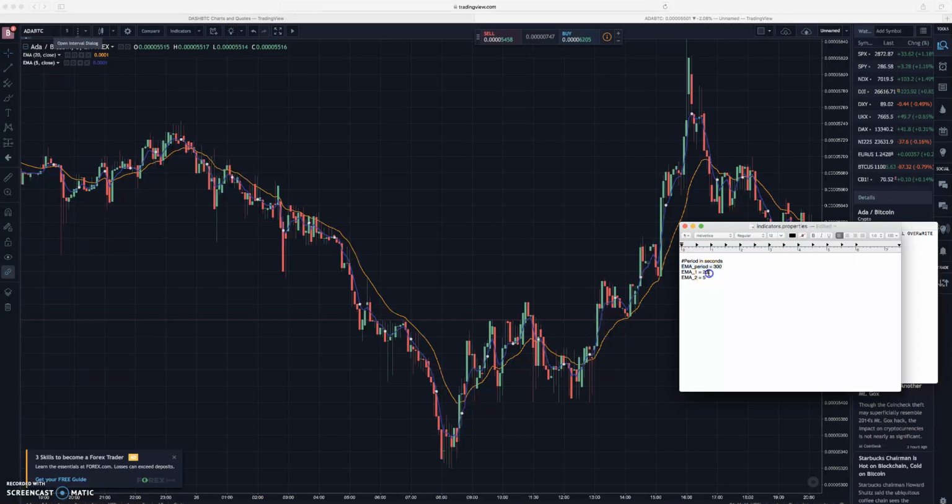And then EMA 1 is going to be 20, which is why I chose 20. And then EMA 2 is 5, which is why I chose 5. So basically what I'm doing on screen here with TradingView is just visualizing Profit Trailer's settings.